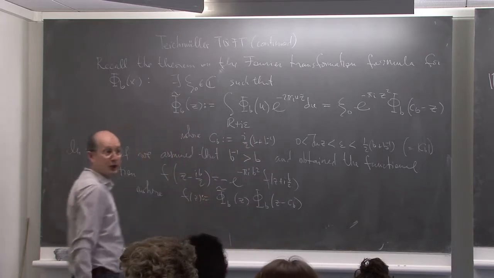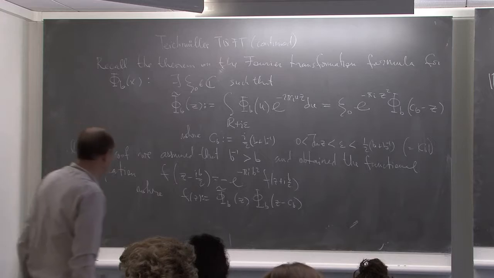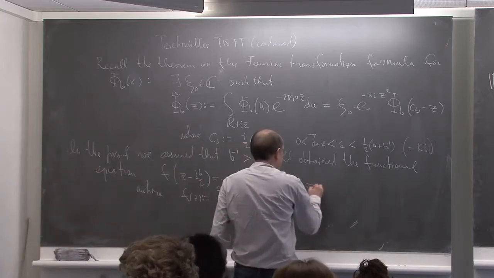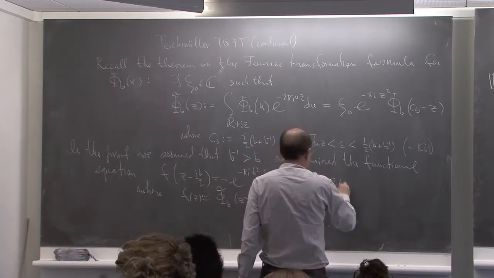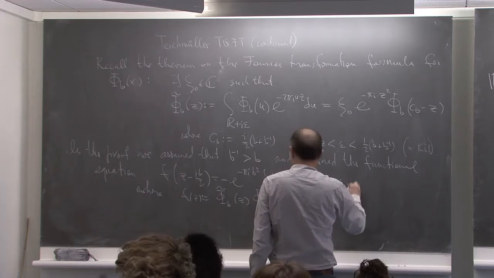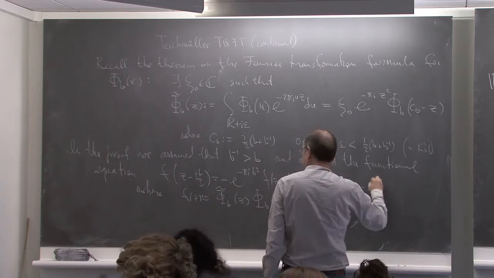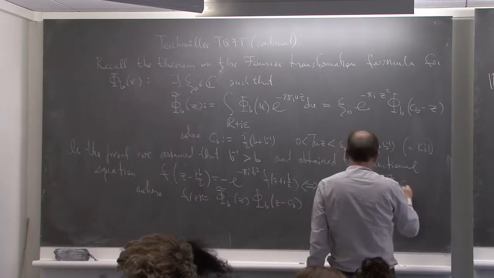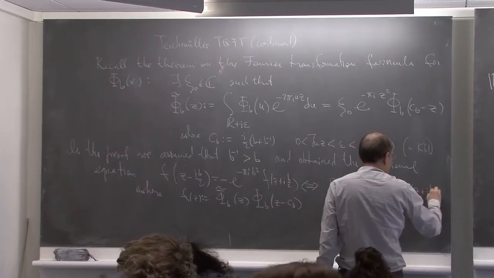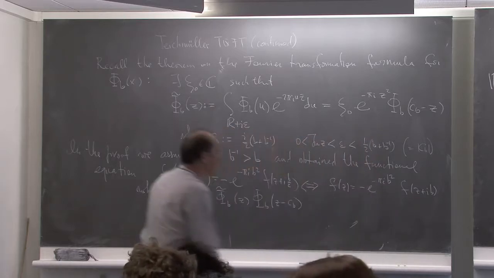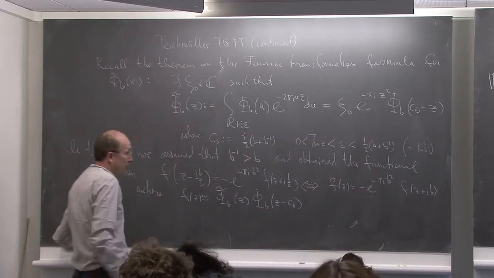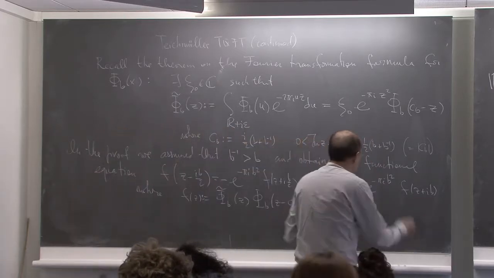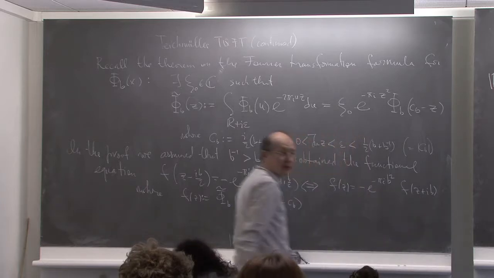That's the relation we ended up with last time. And this can be written equivalently as f of z equals minus e^(-pi i b^2) f of z plus ib. And now we have to do something with this equation.